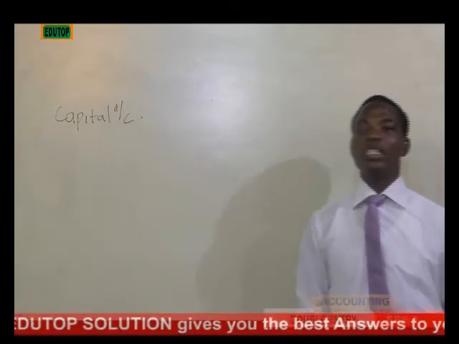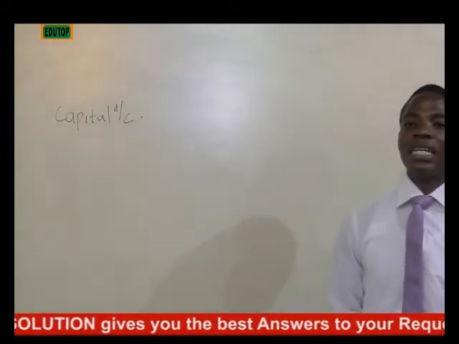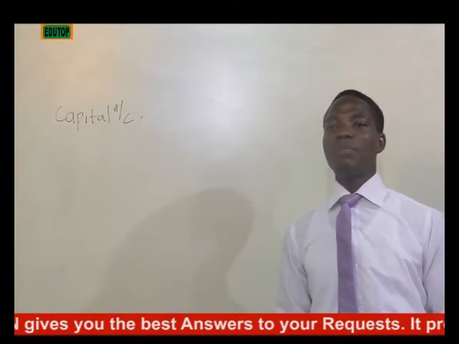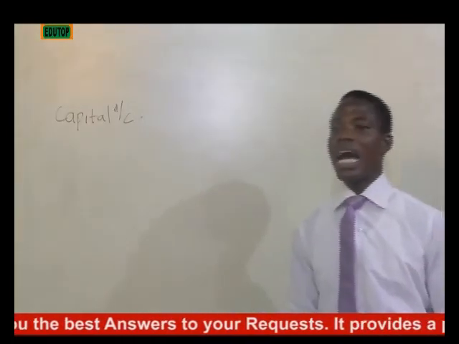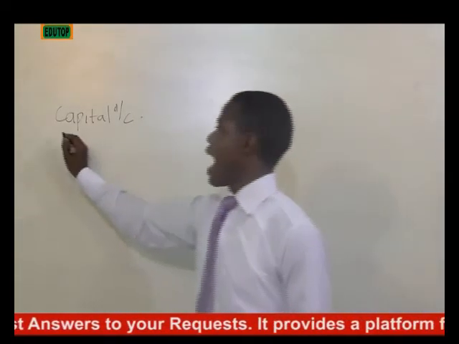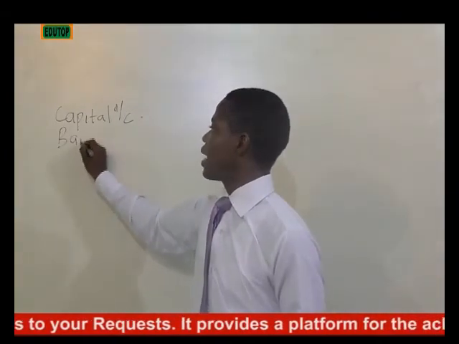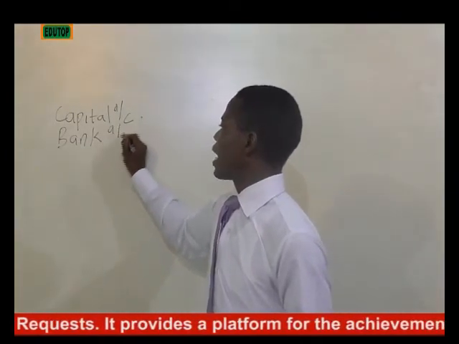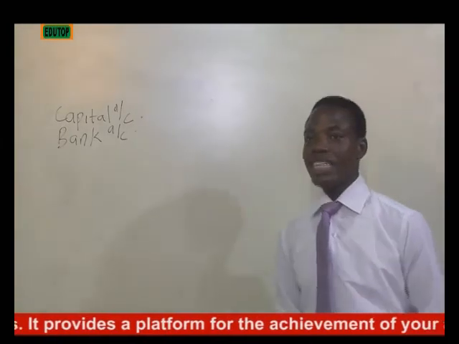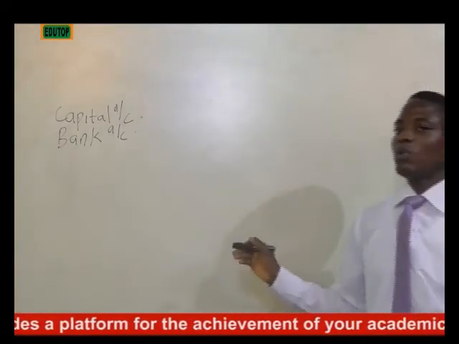Then with 200 naira in bank, that means he started a business with 200 naira capital in the bank. We are going to prepare another account, which is the bank account. These are the two accounts that we are going to prepare.